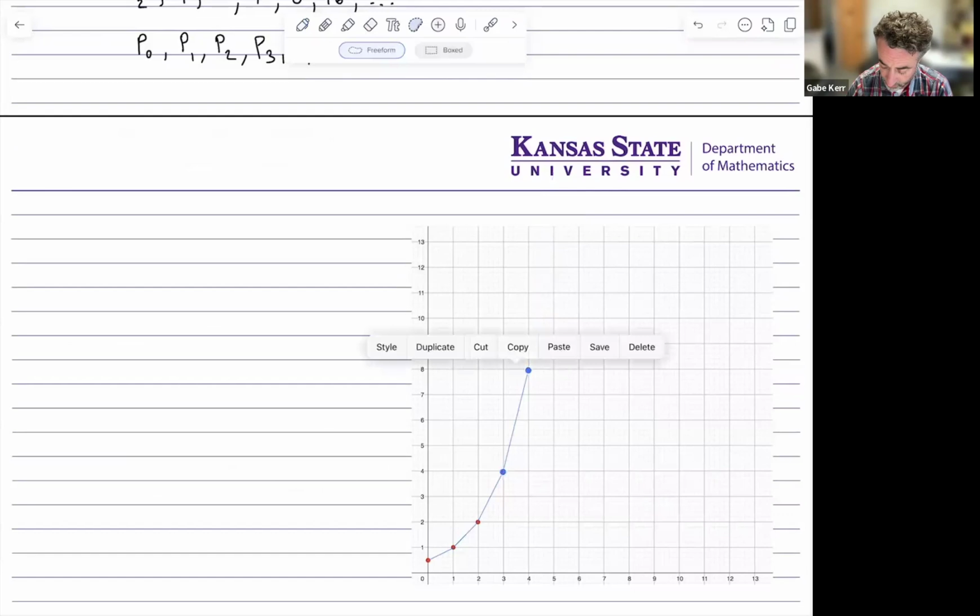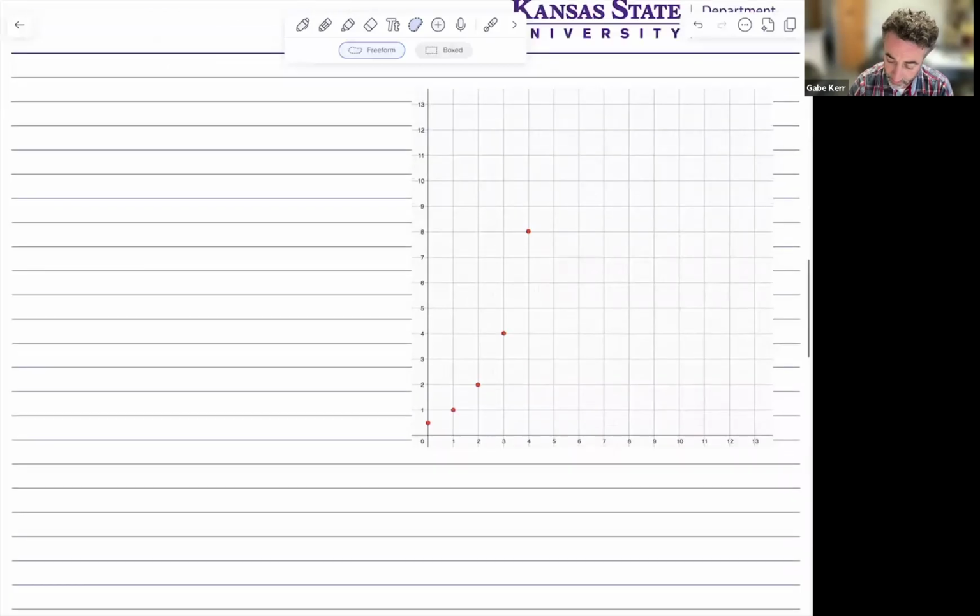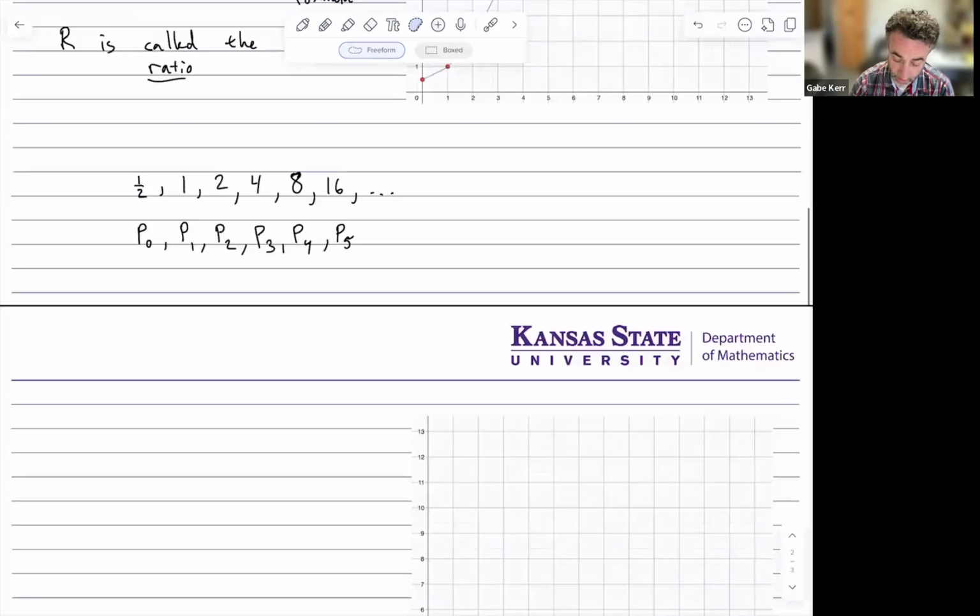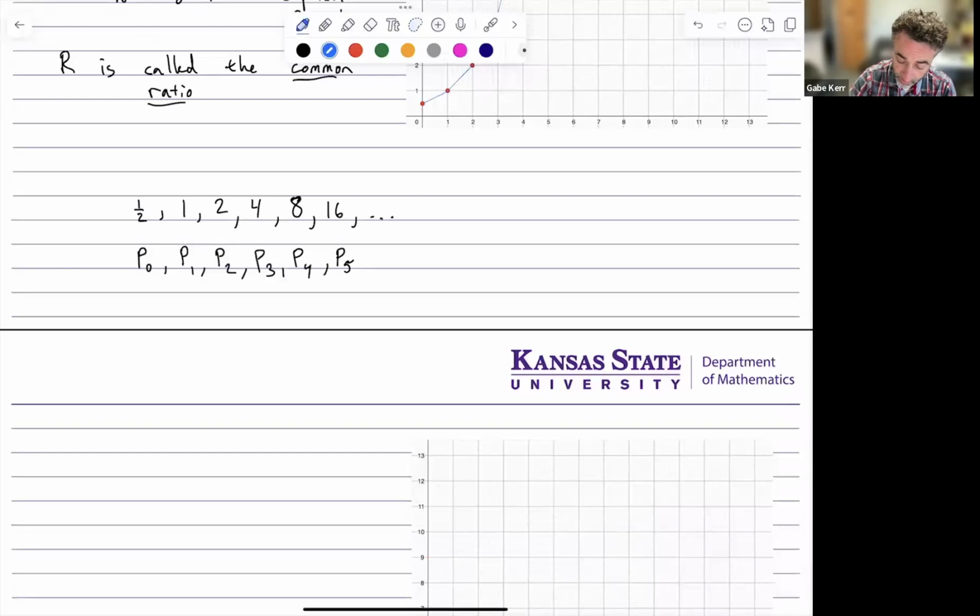I'm going to remove this particular line graph, and move my points back down so that I can play with them. So this one that we just looked at had a common ratio of 2. So here we had R equaling 2.